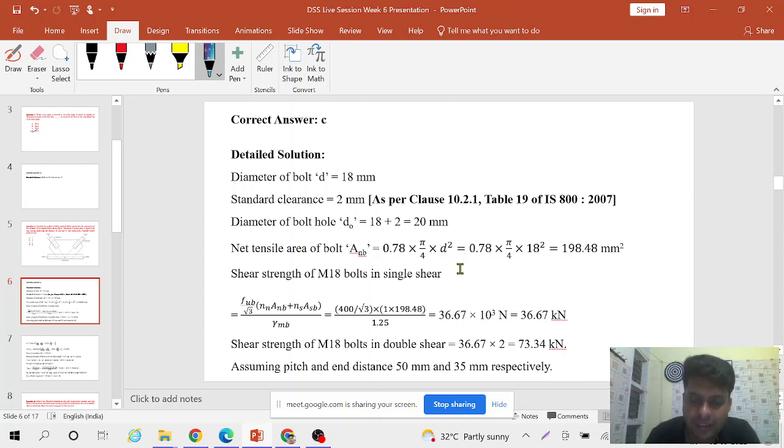Fine. So now, assuming pitch and end distance of 50 mm and 35 mm, please calculate the value of kb.